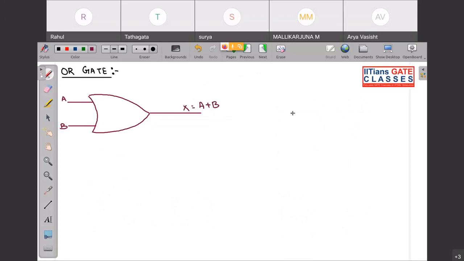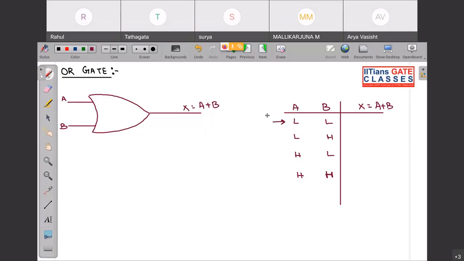Now if I want to draw the universal truth table for the OR gate: an OR gate is a gate whose output will be low when all the inputs are low.